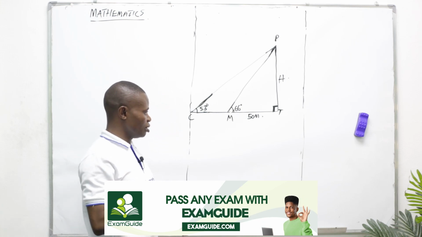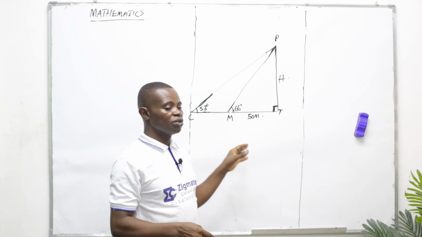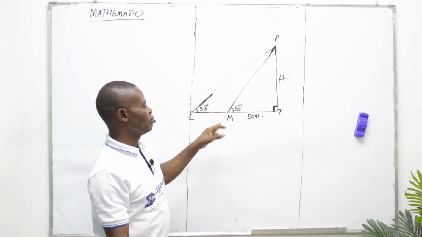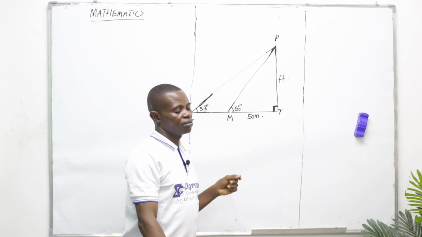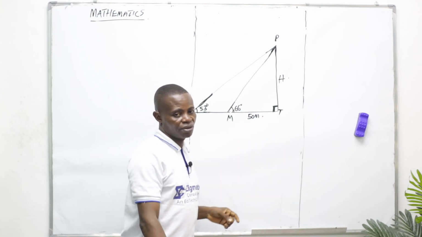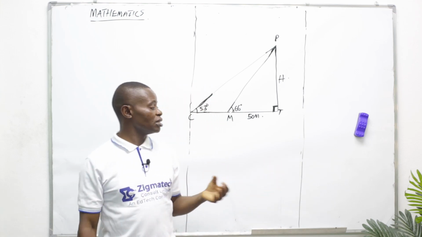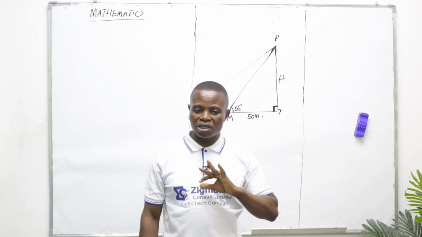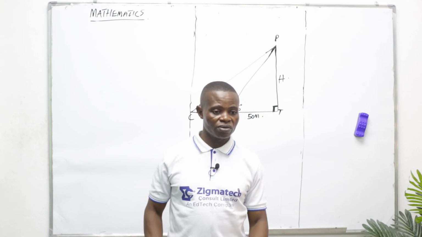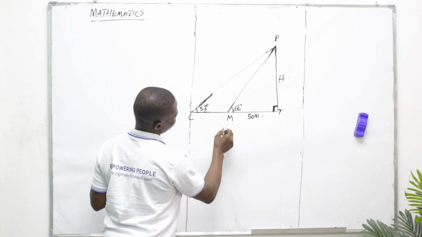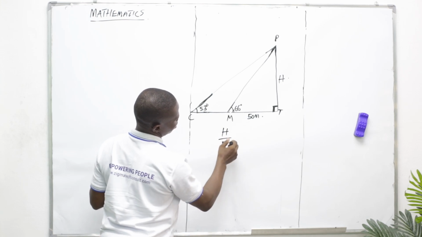We want to get the height of this building. This is where the boy was standing, and this is the building this way. The gap between where the boy was standing and the building is just the distance, 50 meters. Simple. Now, opposite over adjacent.